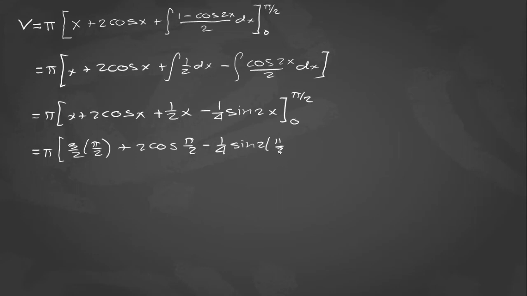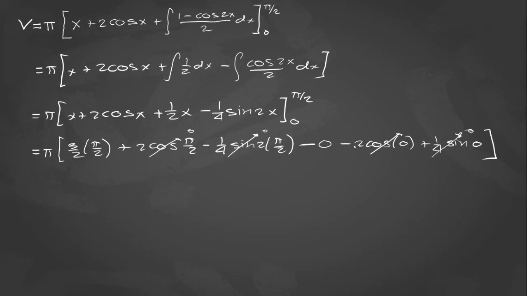And then we subtract the lower limit of integration, where 3 halves x is 0, so minus 2 cosine of 0, and minus the negative 1/4, which becomes positive 1/4 sine of 0. Notice that cosine pi halves is the cosine of 90 degrees, which is 0, and sine of pi is 0, and the sine of 0 is 0, and the cosine of 0 is 1.